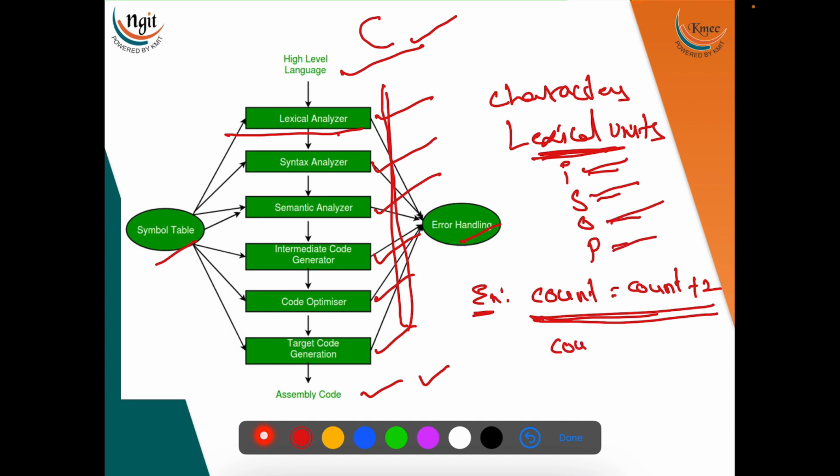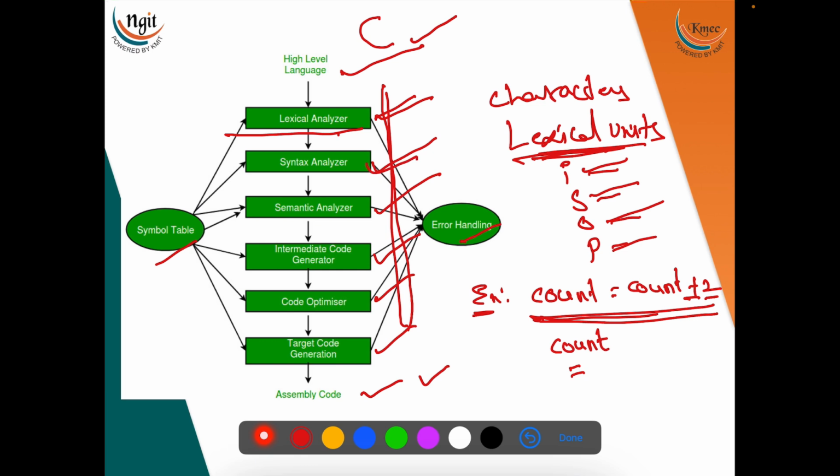Now count is treated as one lexeme, and equal to is treated as assignment operator, which is a token. Plus is a token, 2 is a lexeme. In that way, it will separate all the instructions into lexemes or lexical units. Once you cross this phase, you will have several lexical units or tokens with the compiler.